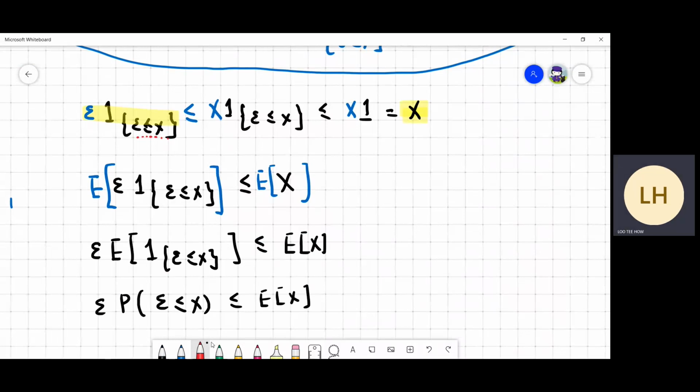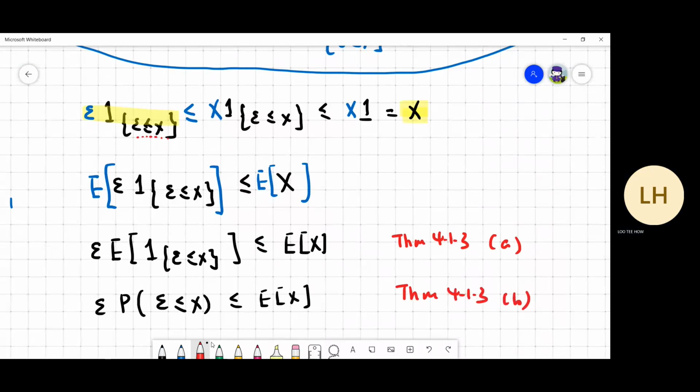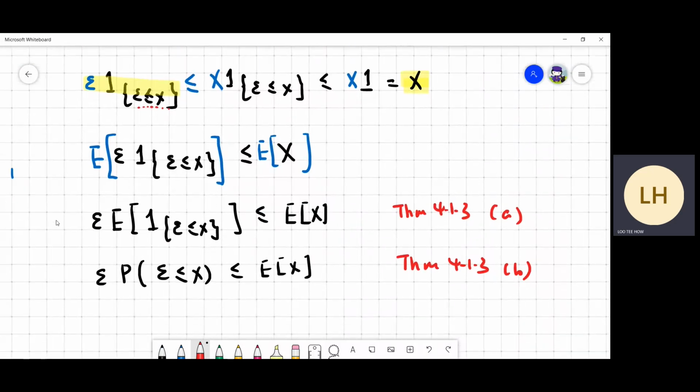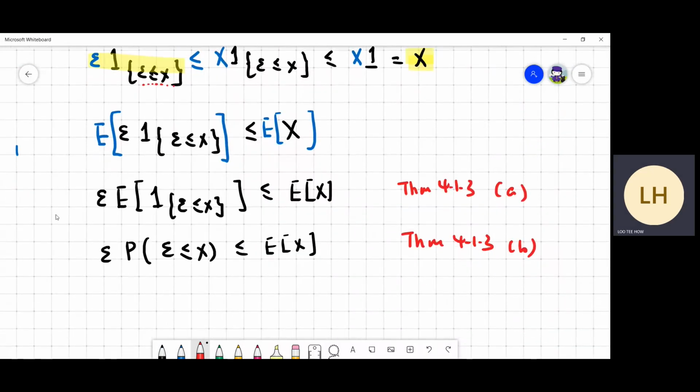Just for information, here we have used theorem 4.1.3 part A, and here we have used theorem 4.1.3 part B. After this, by shifting the constant epsilon to the right-hand side, we obtain the inequality. So this is our result, the Markov inequality.